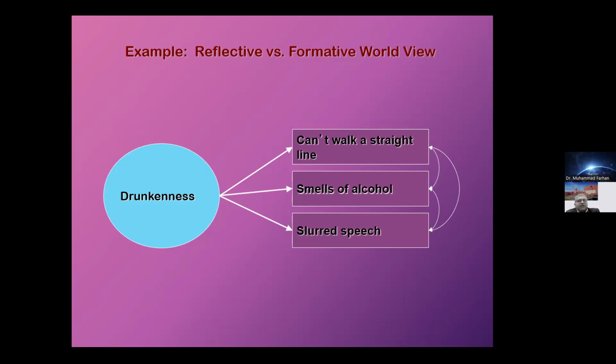Then if you do a smell test, the alcohol smell will be there. And if you try to speak with him, that person will have slurred speech. So these three things indicate that the state of that person is that he's drunk.